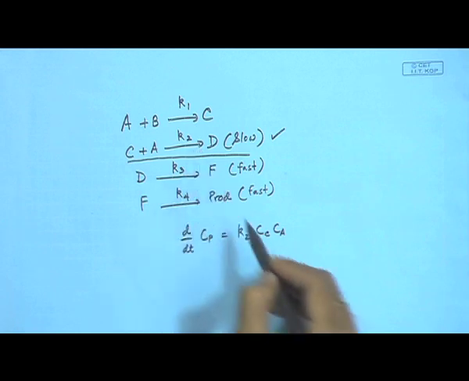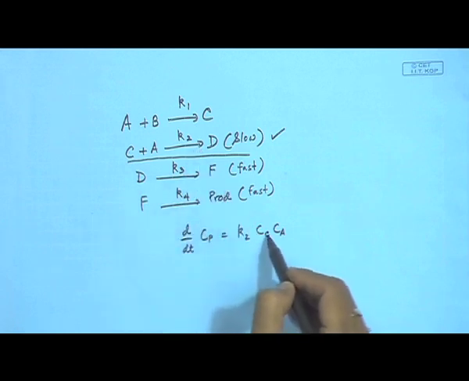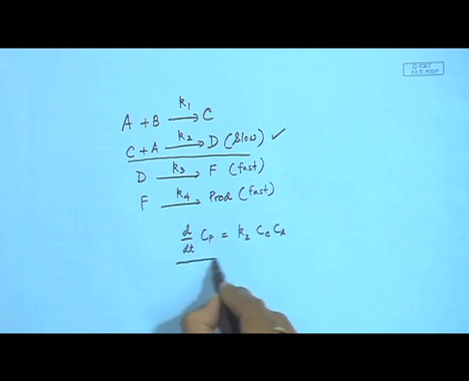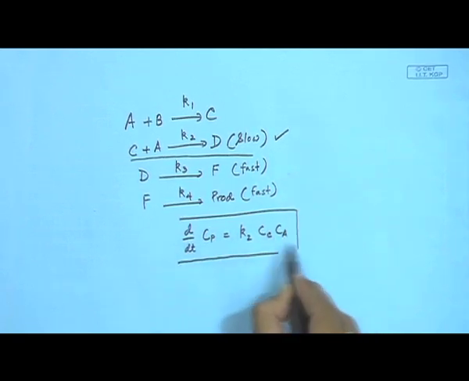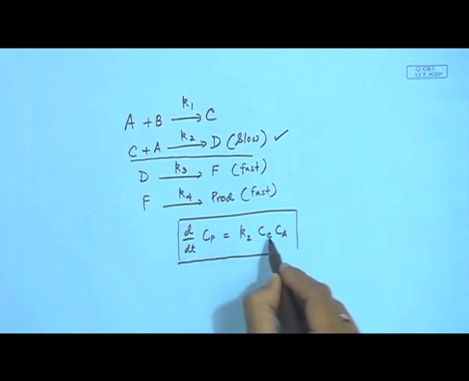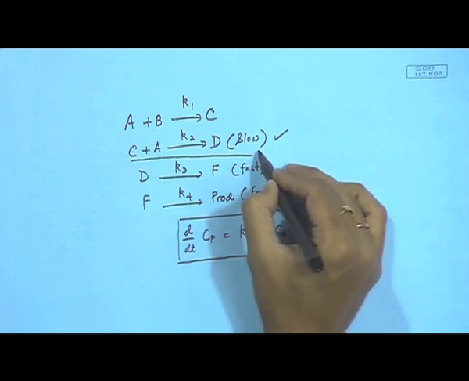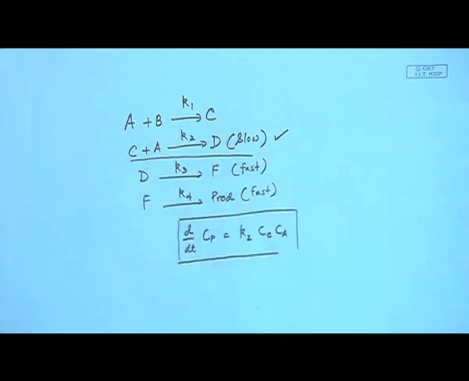So, this elementary step is a second order process, or may be regarded as a bimolecular process. So, dCp dt is K2 Cc into Ca, this being the rate determining step.